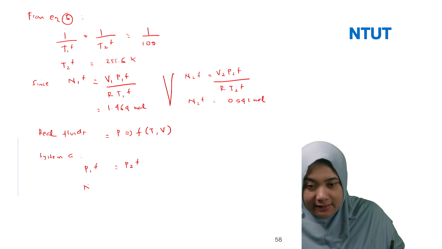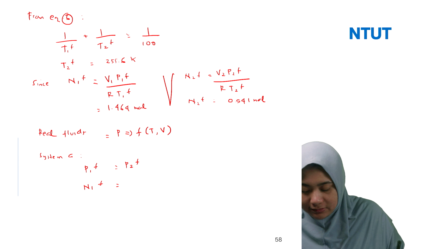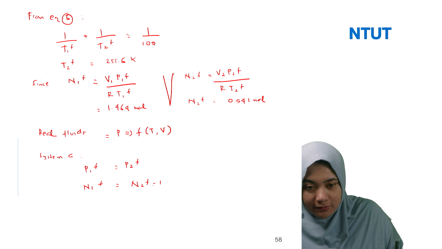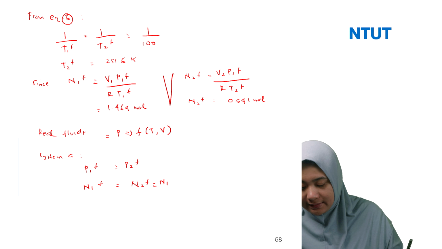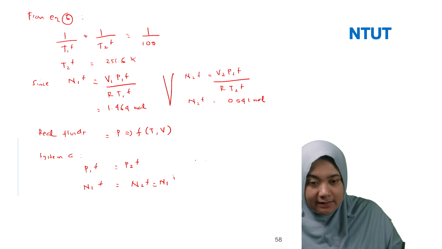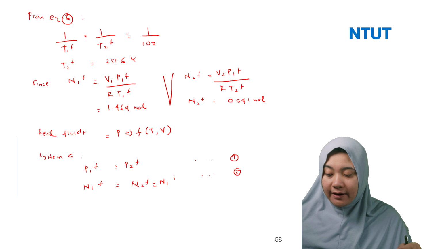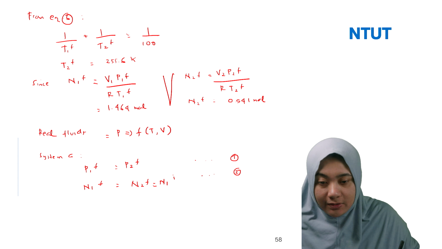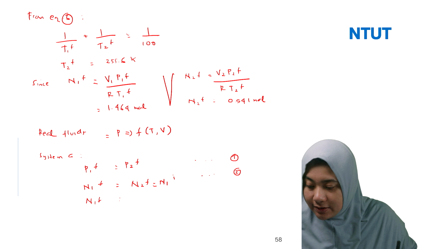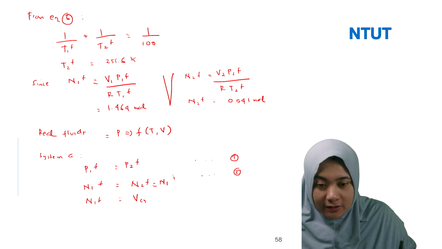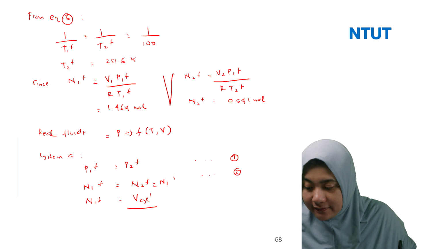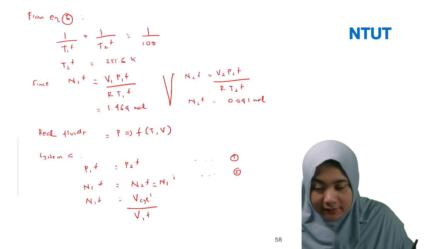You have the same N1F equal to N2F equal to N1, the initial. This is the first, this is the second. And then we also have the other for the N1F. This one, you need to calculate from the volume of cylinder 1 divided by volume 1 final.